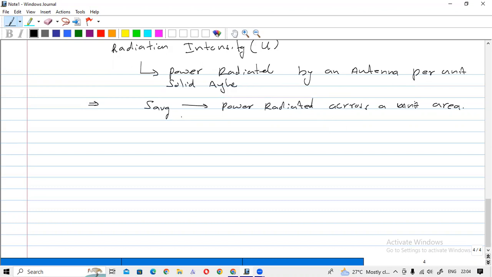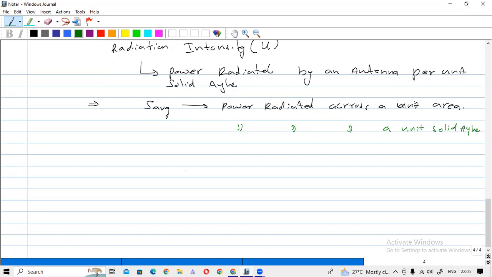This is the definition of the average power density. Now we need to find the power radiated across a unit solid angle, not the area, solid angle.